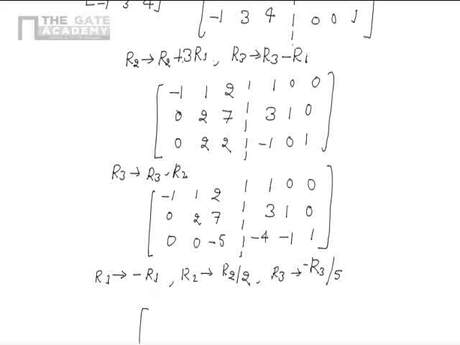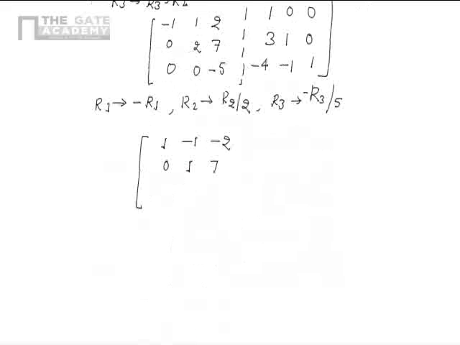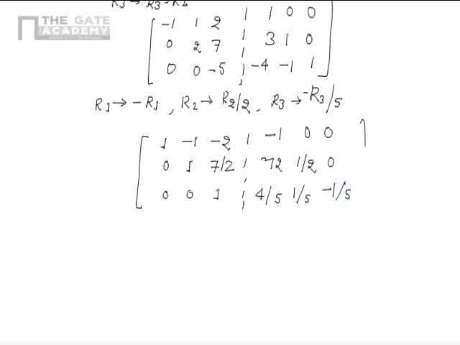So the first row will become 1, -1, -2, multiplying the first row by -1. Similarly, if I divide the second row by 2, it becomes 0, 1 and 7 by 2, and the third row will become 0, 0 and 1. On the right hand side, I can see -1, 0, 0. This will become 3 by 2, 1 by 2, 0, and this will become 4 by 5, 1 by 5, and -1 by 5.